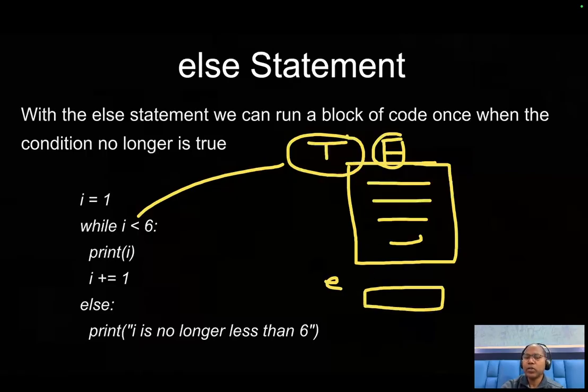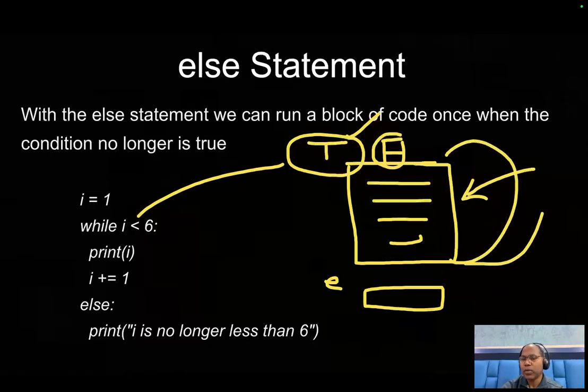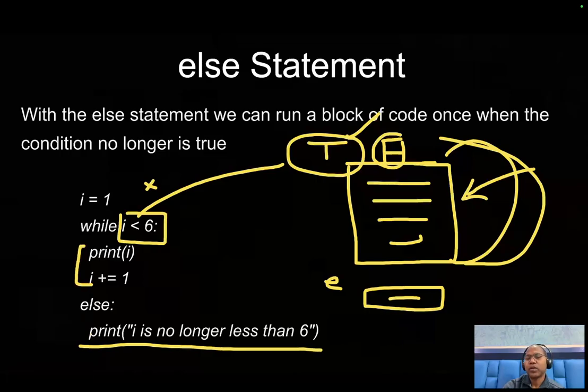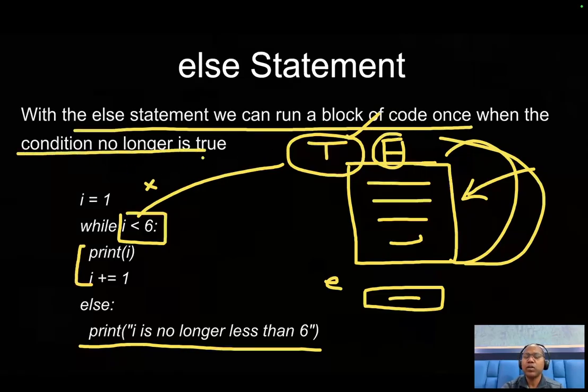If the condition is true, then repeat the loop multiple times. Once the condition is false, then do this code. Looks like if else. If this condition is true, then print this number. If the condition is false, then print this number. So sometimes you want a conditional loop. Okay, so in those scenarios you go to the else statement. With the else statement, we can run a block of code once when this condition is no longer true.